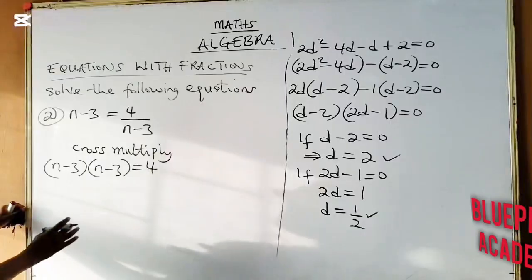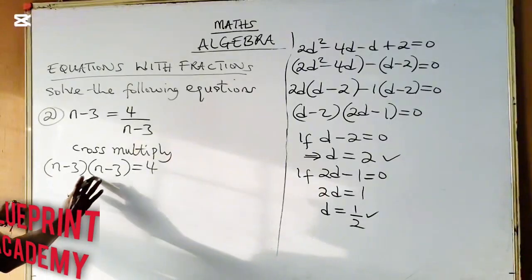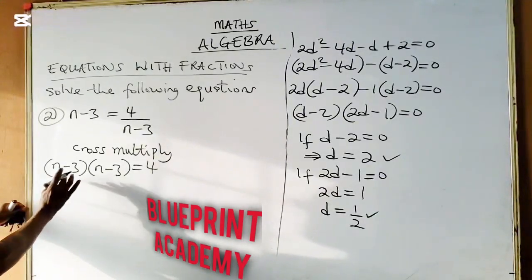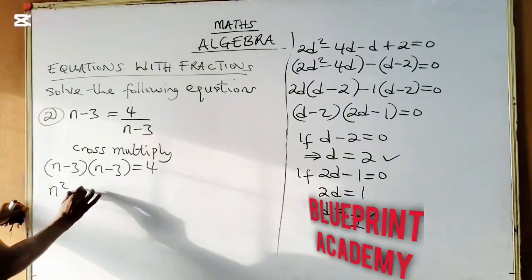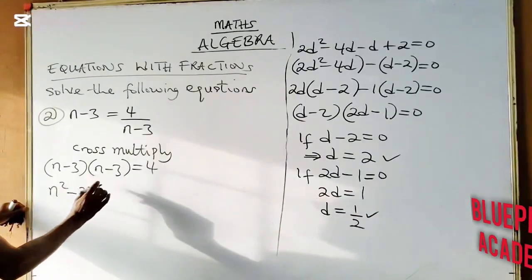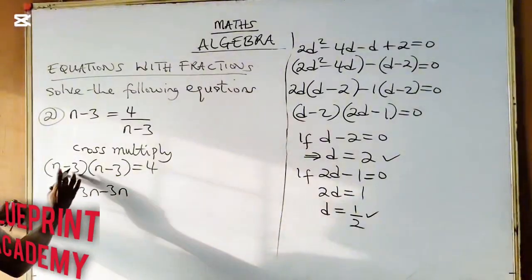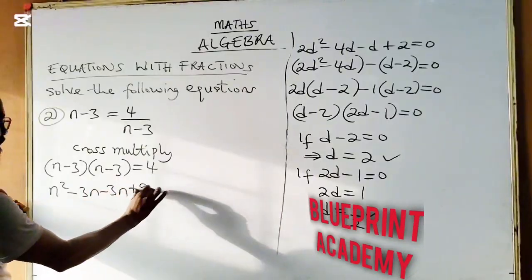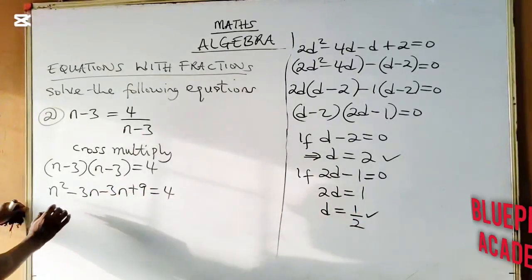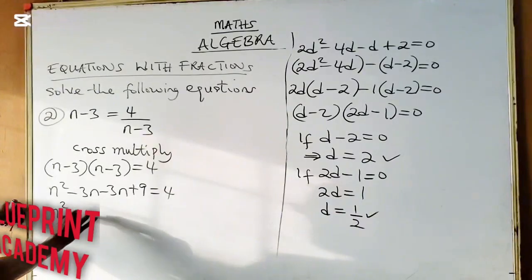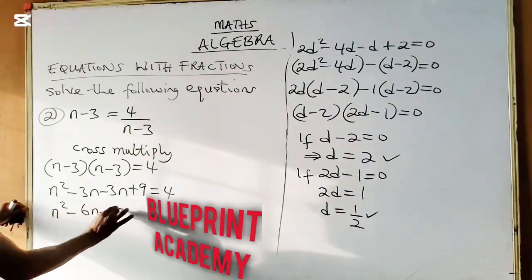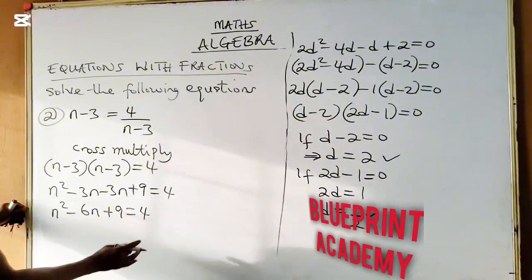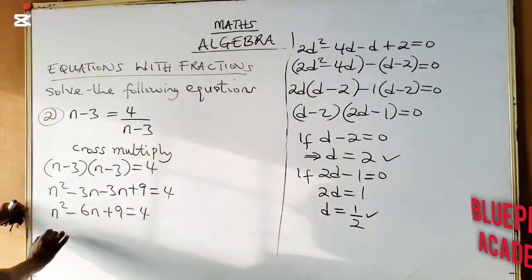Now, if we open the brackets, we have n times n, that's n squared. n times minus 3, that's minus 3n. Minus 3 times n is minus 3n. Minus times minus is plus, then 3 times 3 will give us 9, equal to 4. So this one gives us n squared minus 6n plus 9 equal to 4. We transfer the 4 across the equality.